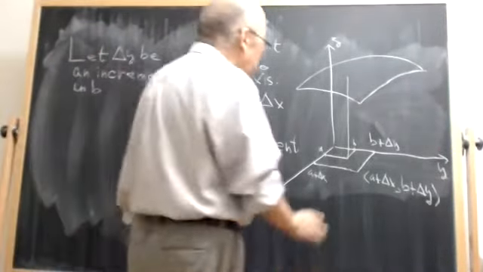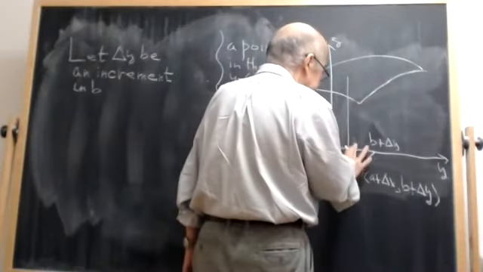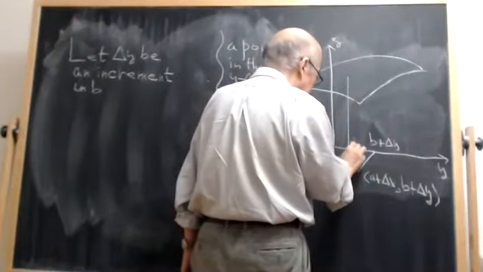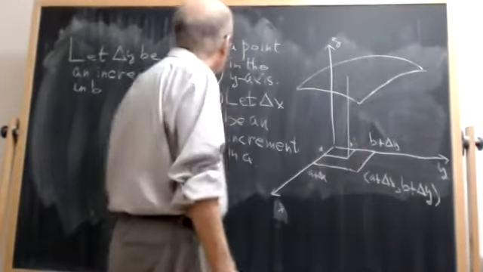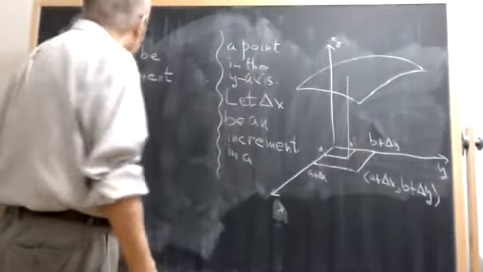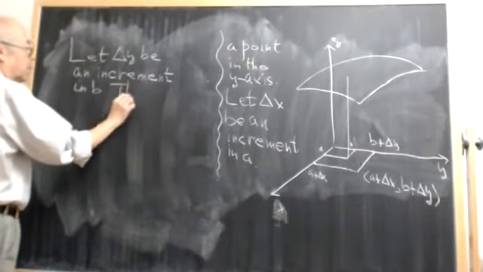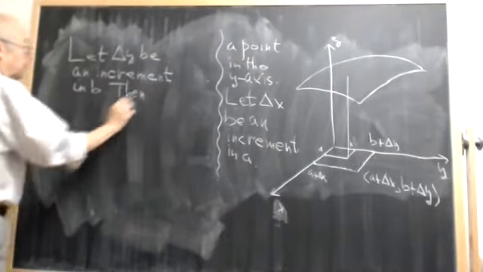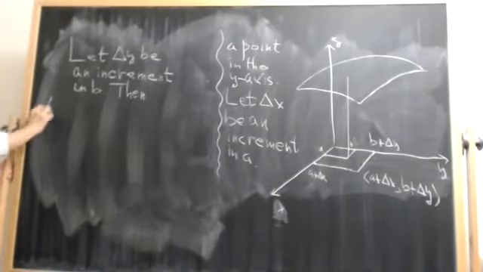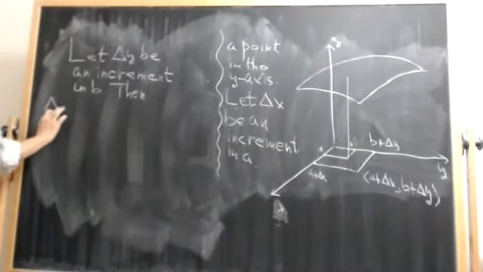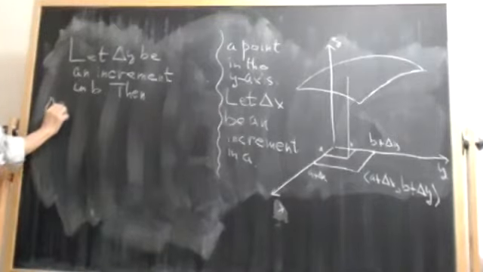Then we are going to look at what happens to the change in Z. So we are going to look at delta Z. Sir, is A plus delta X and B plus delta Y also in the domain?